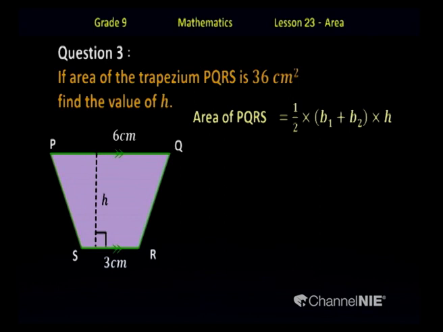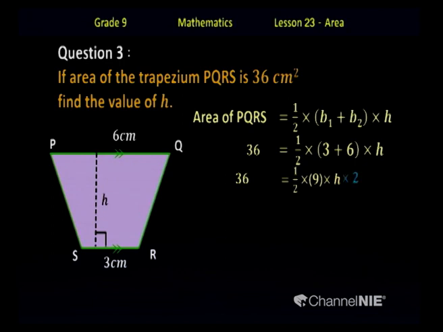Area of trapezium PQRS equals half into sum of two parallel sides into height. Then area is 36, then it is equal to half into 3 plus 6 into h. Then 36 equals half into 9 into h. Now you can simplify this equation in your way.